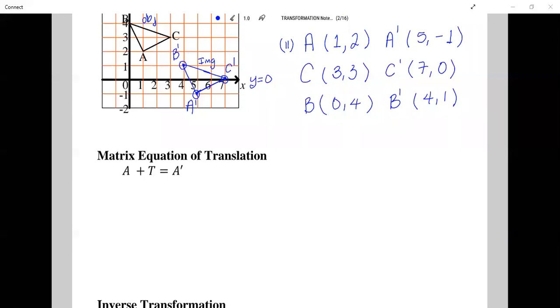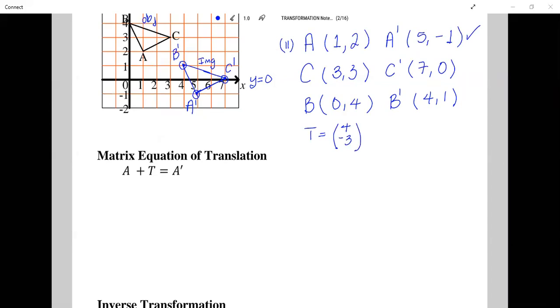Remember earlier, we found the coordinates of A and A prime. Now T, we all know, is 4, minus 3. So let us show you that it works.